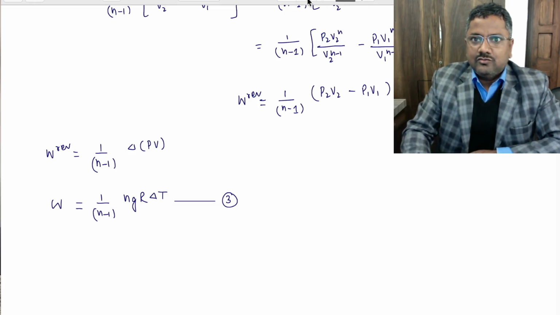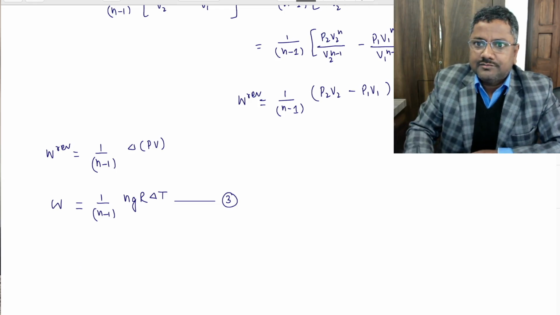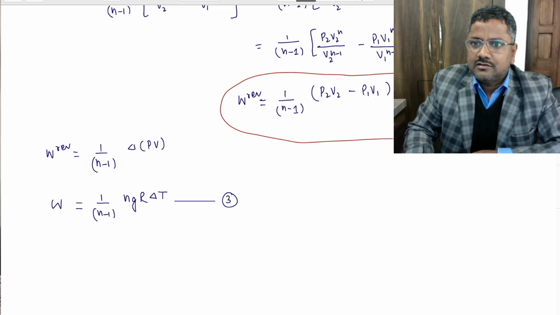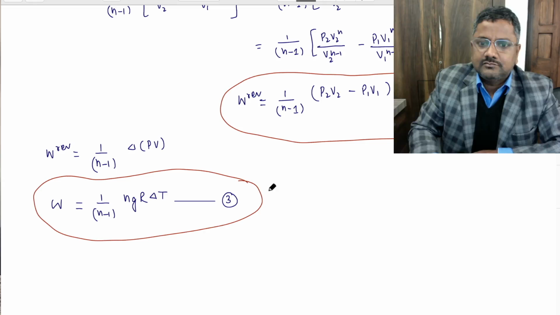From equation 2 and equation 3, you can calculate the work involved in the polytropic process, right? But that process should not be isothermal, right?